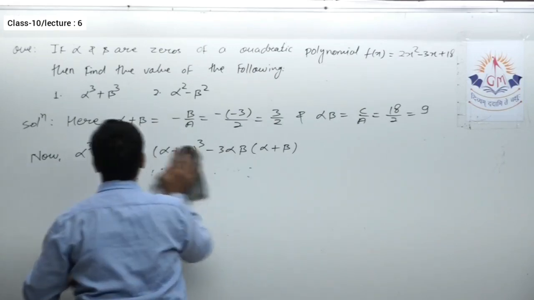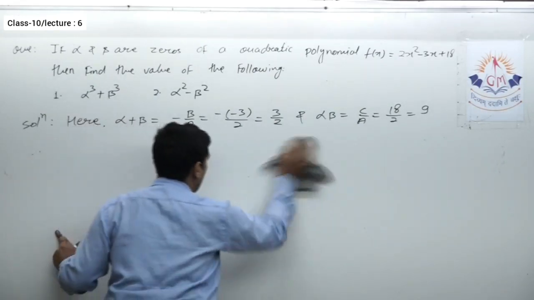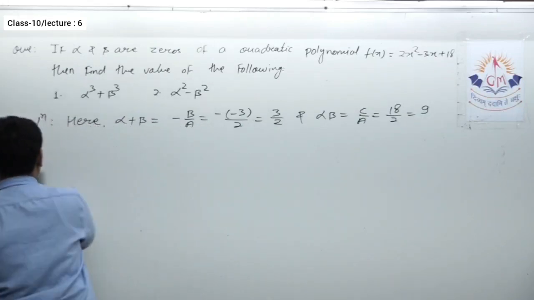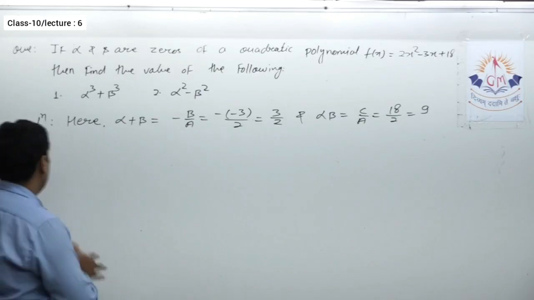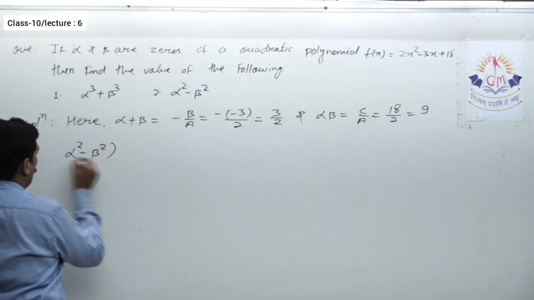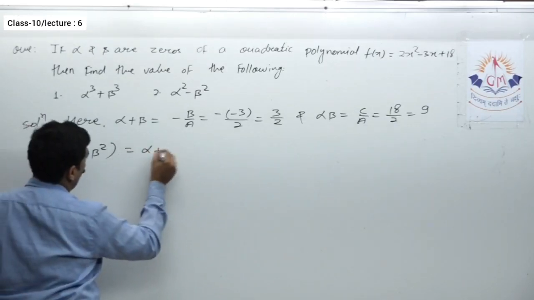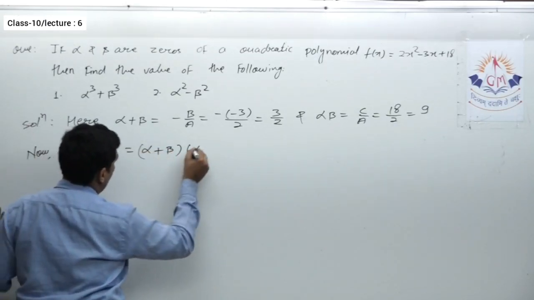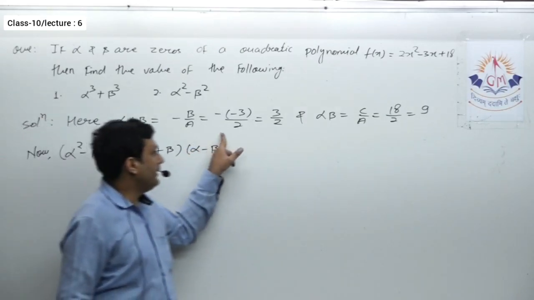Now we'll see how to get the value of alpha square minus beta square. Alpha square minus beta square can be written as (alpha plus beta)(alpha minus beta). Alpha plus beta we have directly, 3 by 2.